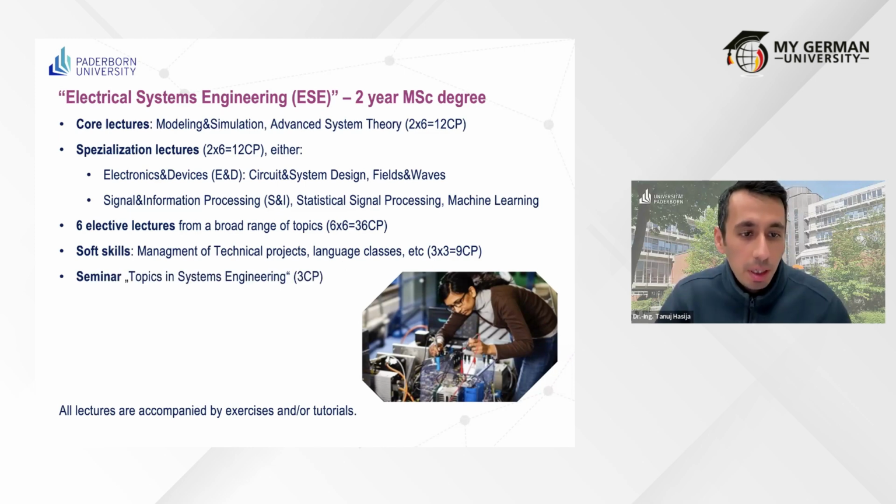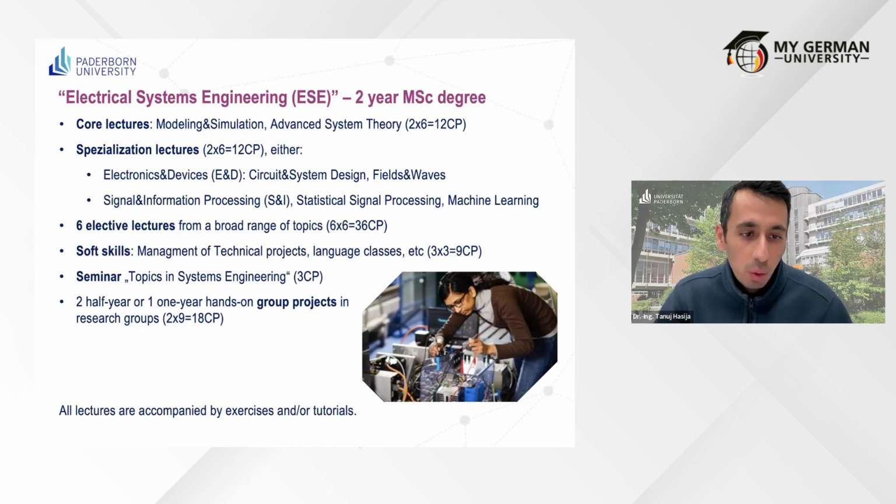There are also different seminar topics, where you're usually given research papers, and you have to present about your own research topics as well. And it's not just a theory-based course, it has a lot of practical knowledge as well.